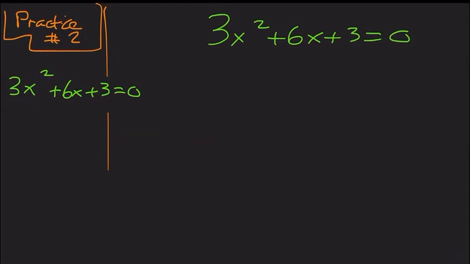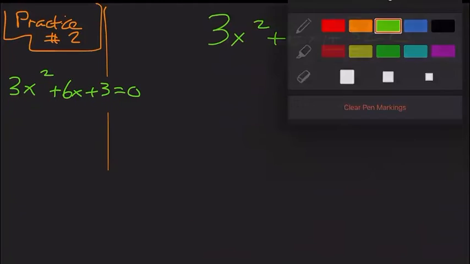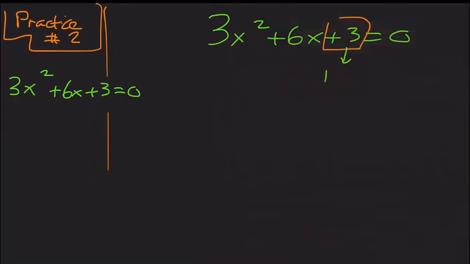All right, so what is our first step? First step is we want to take the constant on the end and list the factors of it. Pay attention to the sign. So +3 we can get by doing +1 times +3 or -1 times -3. And then next step, we come over to our x squared term, list the possible factors of this.